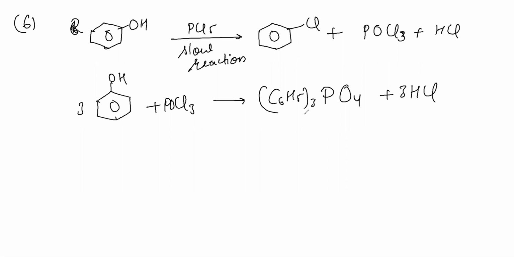Please note this. This is a very peculiar reaction where a product reacts with the reactant again. So if they ask you how many products are formed, you just tell them one chlorobenzene and this (C6H5)3PO4, POCl3 and HCl. These are the products of this particular reaction. Please note this.